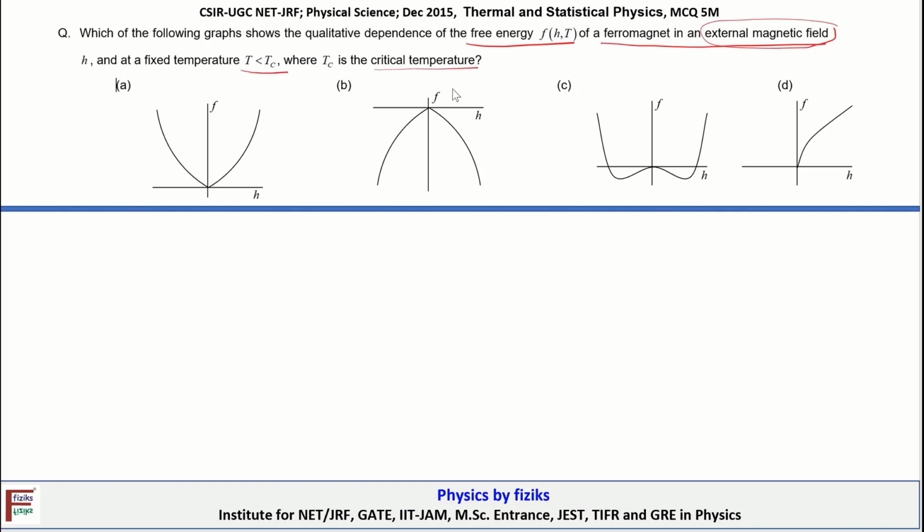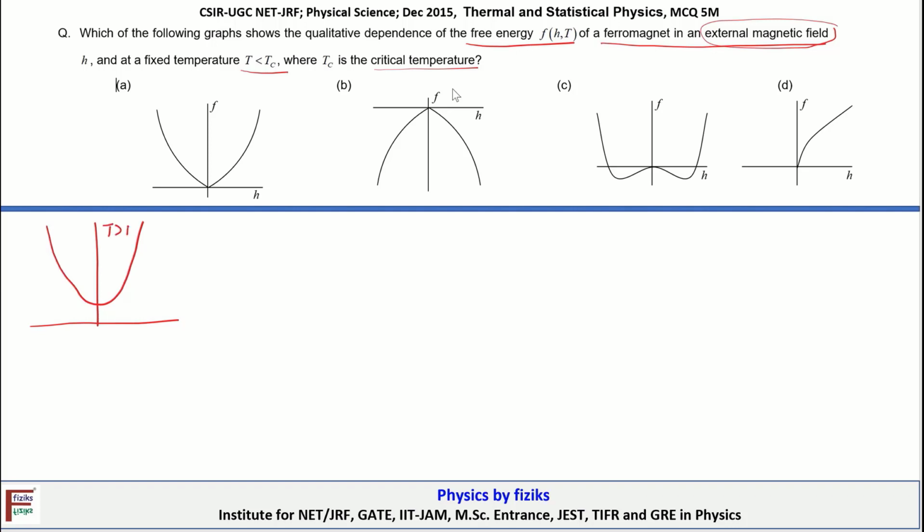Tc is called the critical temperature. Here I'm going to discuss 5 different graphs pertaining to different situations of temperature as well as of the magnetic field. Let me first draw the graph, and then I will discuss the main point, and then we will be able to conclude which one of these 4 options is correct. So this is in external field H. Let me write the parameter first.